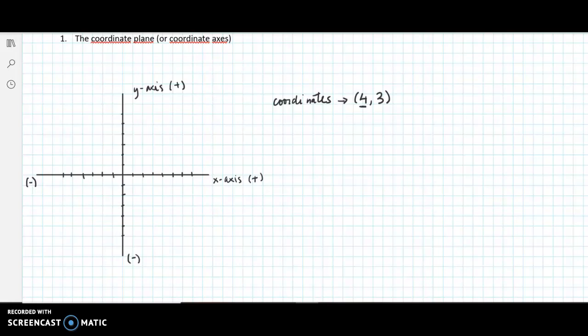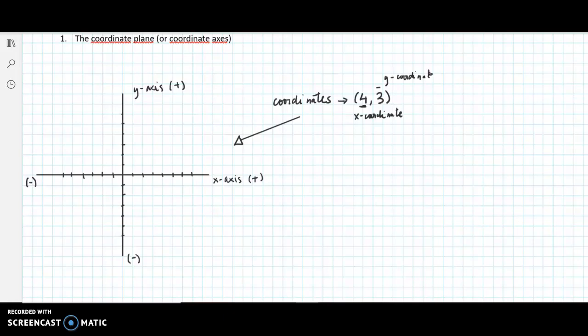The first number is the x-coordinate, and the second number is the y-coordinate. So this is going to show you how to represent the coordinates on the coordinate plane.